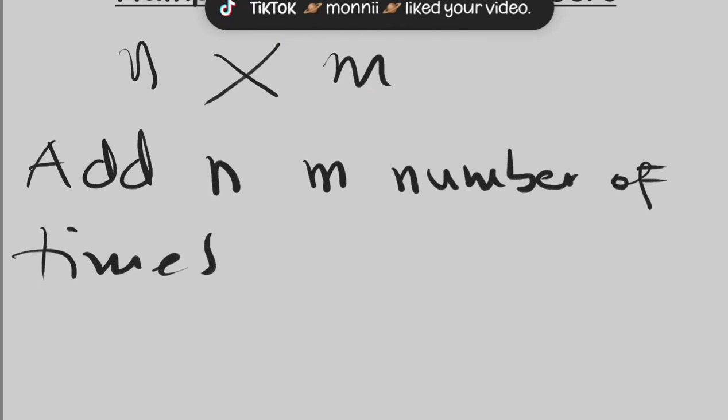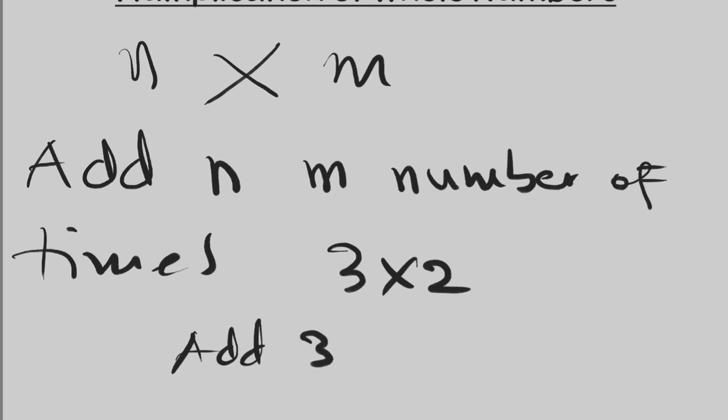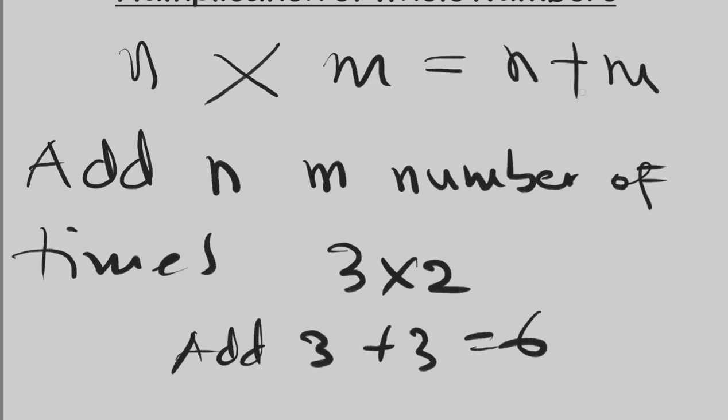So if I have 3 times 2, it means add 3 two times, which is 3 plus 3, and that'll be 6. So n times m is really n plus n, m times. So put times right here. Okay, so that's what it means.